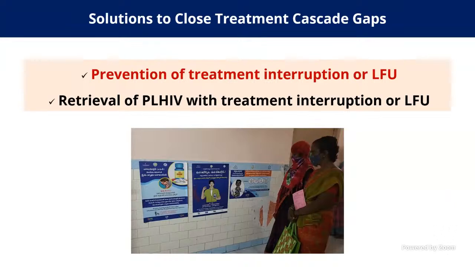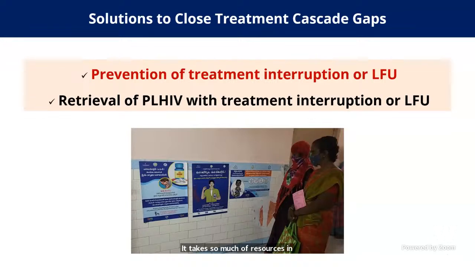Now, as we look into retaining patients on ART, we first have to give importance to prevention of treatment interruption or loss to follow-up. Usually we give more emphasis to retrieving patients who are already lost to follow-up. And to bring back one patient who was lost to follow-up takes so many resources.